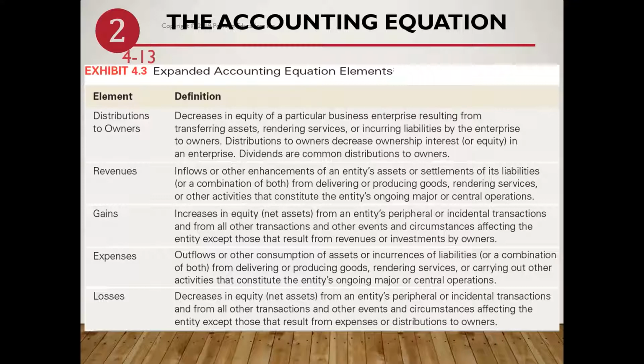Here you see the elements: distribution to owners, revenues, gains, expenses, and losses. Distribution to owners: decreases in equity of a particular business enterprise resulting from transferring assets, rendering services, or incurring liabilities by the enterprise to owners.